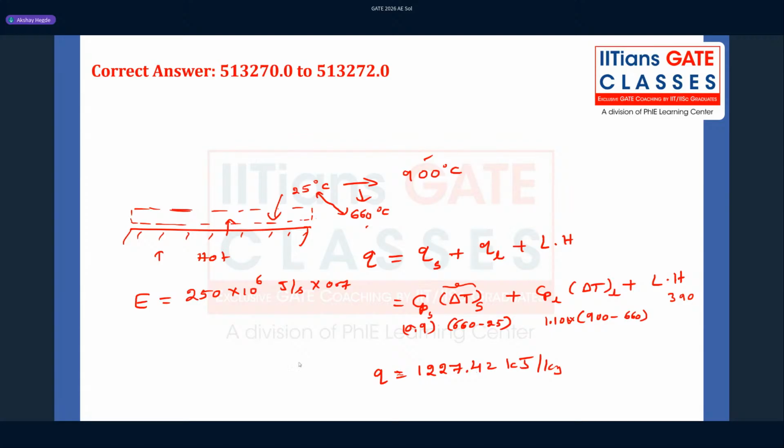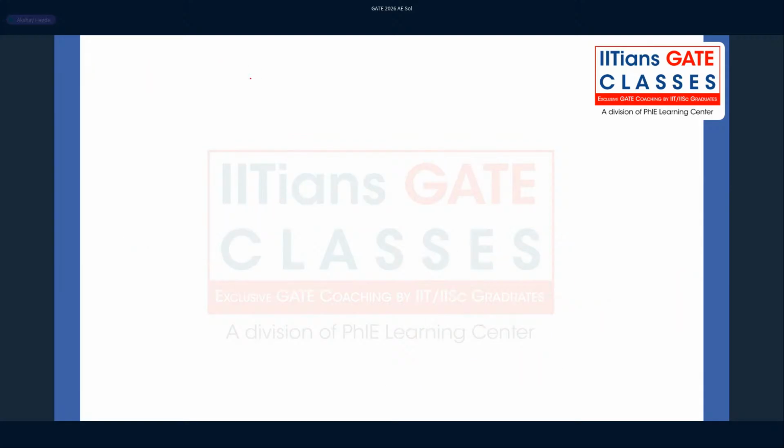Now I am trying to do the energy balance. The energy balance is per unit mass of system, so I have to include the mass of the aluminum that has undergone this heat transfer. If I include that, I can write mass equal to energy divided by heat transfer per kg.